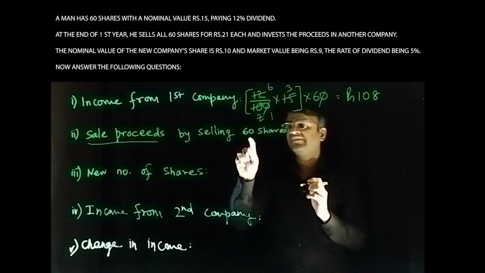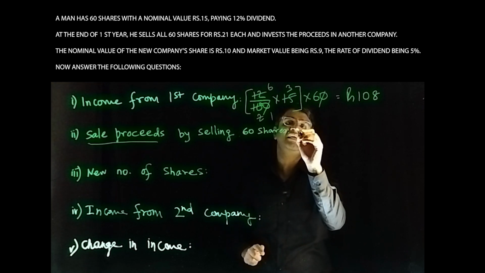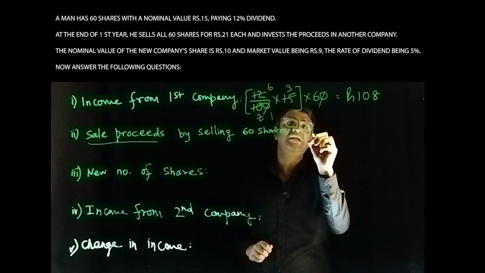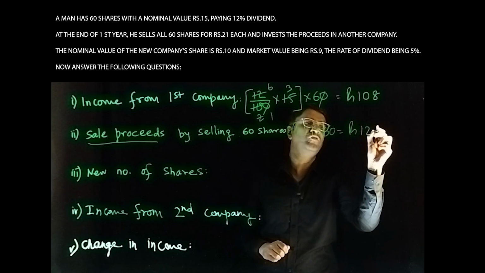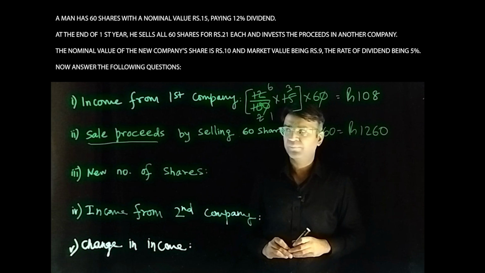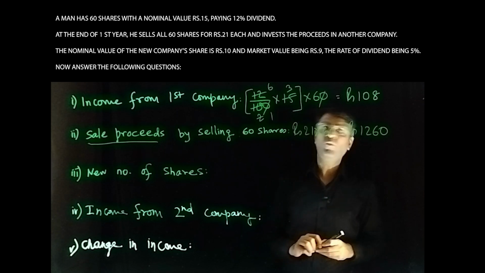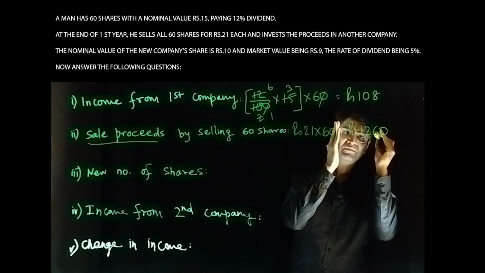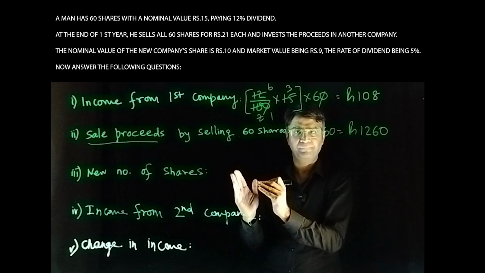So, by selling 60 shares at the rate of rupees 21 each, so obviously 21 into 60, that should give you 1260 rupees by selling this 60 shares. Now what happens? This becomes the investment in the second company.